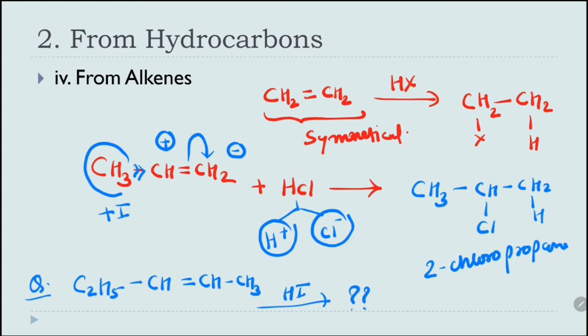If you remember some concepts of 11th class, we call these kinds of products Markovnikov products. So what were Markovnikov products? The products in which hydrogen is attached at that carbon where hydrogen is already present in larger number.